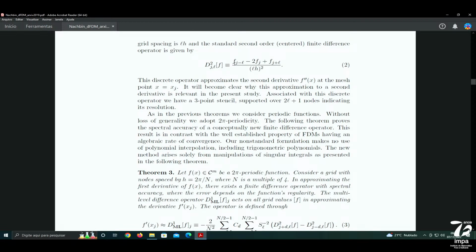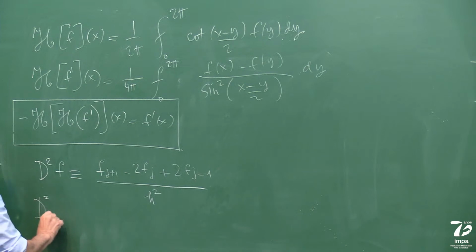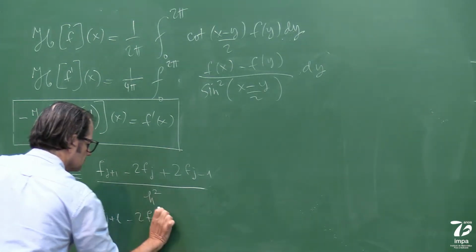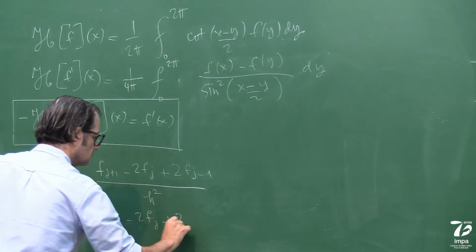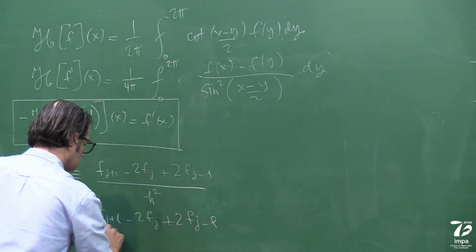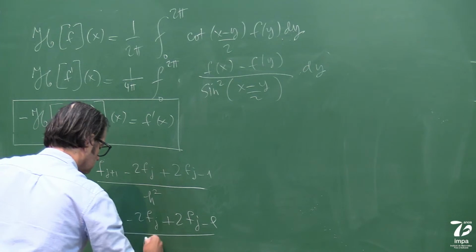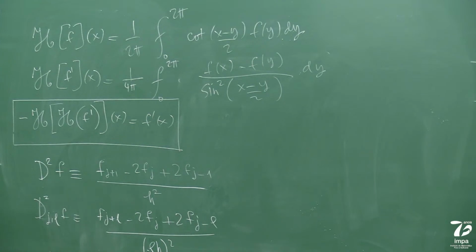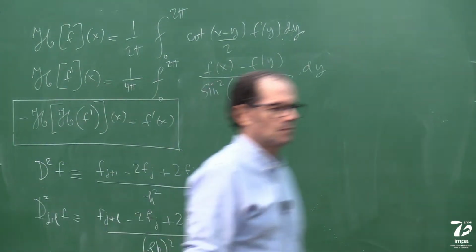Yeah, so let me write this definition this way, which is better. So this is the center difference in this way, and this other one is d2 jl of f is going to be, okay, yeah. Okay.